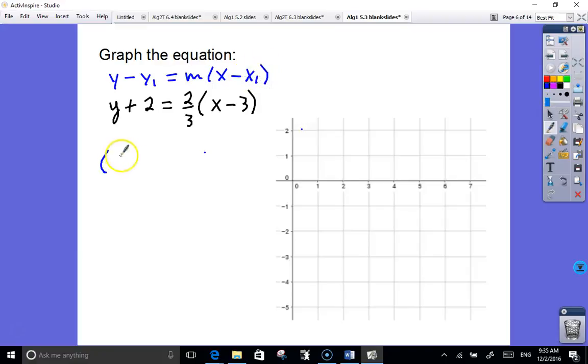In fact, the point is positive 3, negative 2. And what is the slope? The slope is 2/3. So now we can go to this graph, go to the point (3, -2), and then use the slope, up 2, right 3, and graph a line.